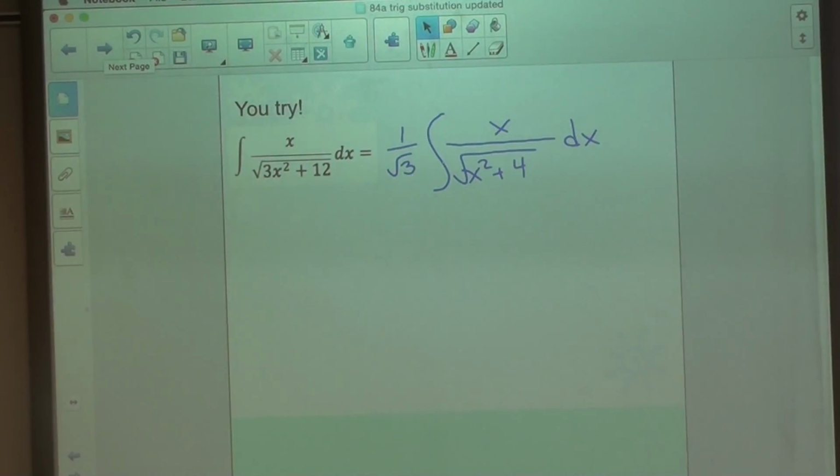Alright, so try to draw a triangle. Remember now, you want the square root of x squared plus 4. So think about where the x and the 2 have to go in order to get a side that equals root x squared plus 4.